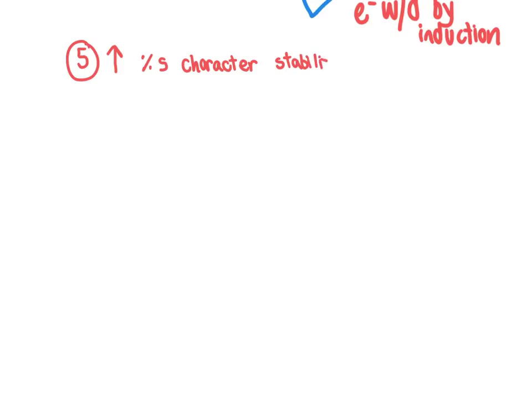And this factor is typically only considered when we're looking at and comparing two atoms that are identical. So comparing two nitrogen atoms that are in different hybridization states, one being sp2, one being sp3, for example, and things like that. So increased percent S character stabilizes the conjugate base, and use this guideline only for comparing the same atoms.